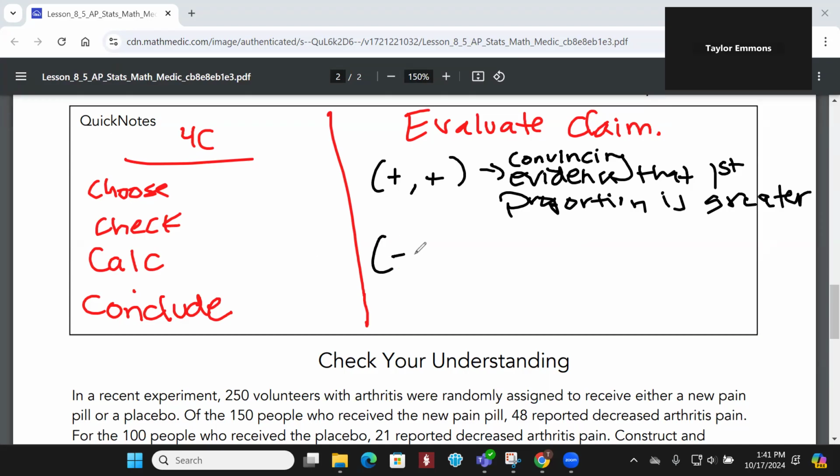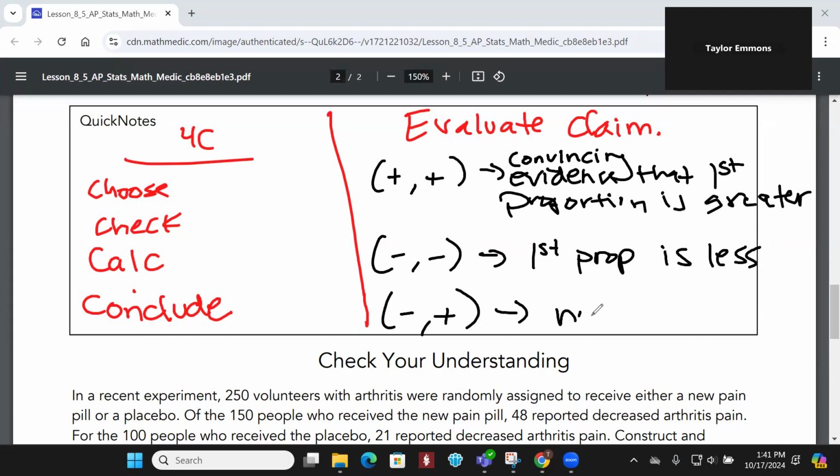If we have negative, negative, then we have convincing evidence that the first proportion is less. If we have a negative and a positive, then there's no convincing evidence. There's no difference, so it's plausible that there could be no difference.